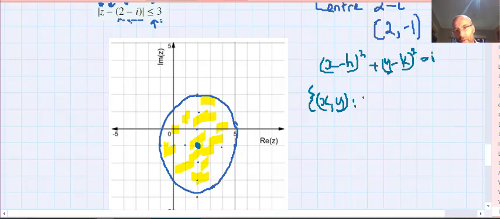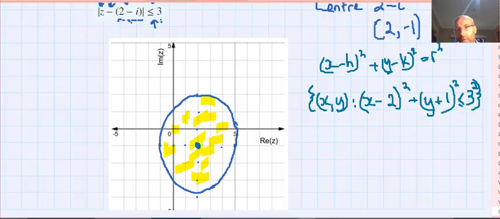So that's what we're aiming for. So it's x minus 2 all squared plus y plus 1 all squared is less than or equal to 3 squared. So that means the radius is 3.